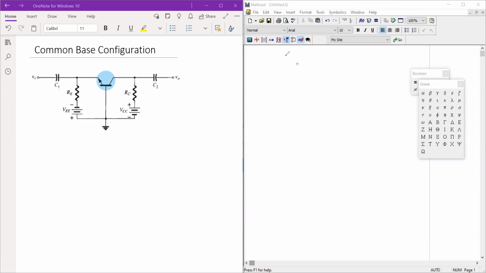So to start our analysis, we need to find a loop wherein we can have a closed circuit. So in our case, it's easier to use this loop, because we know the value of VBE.